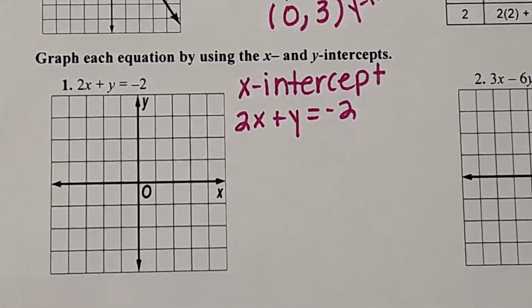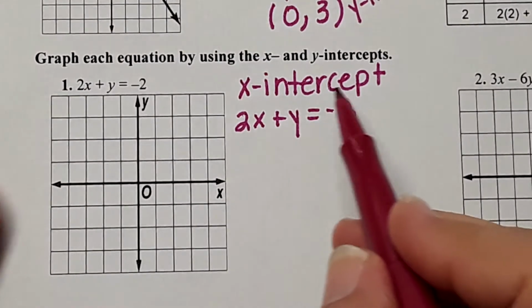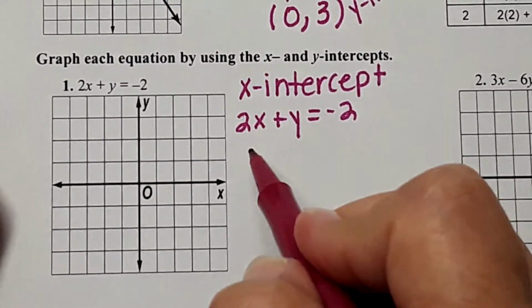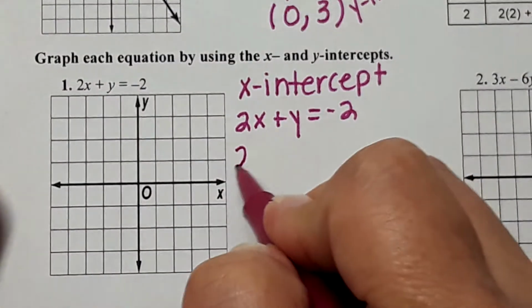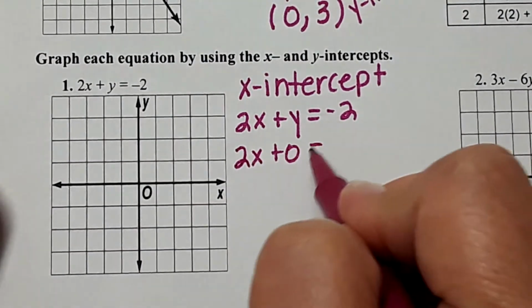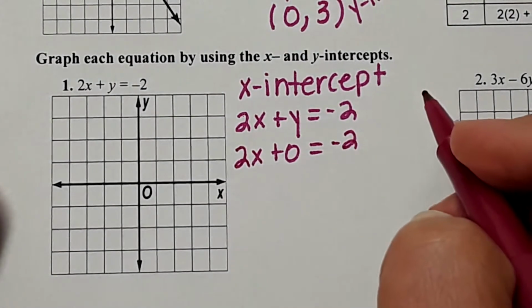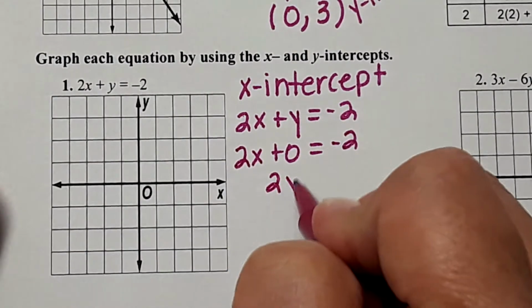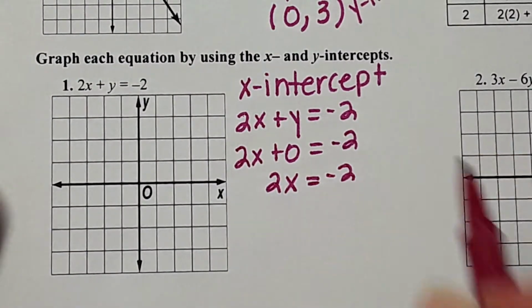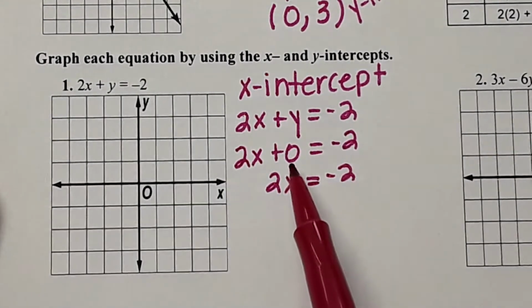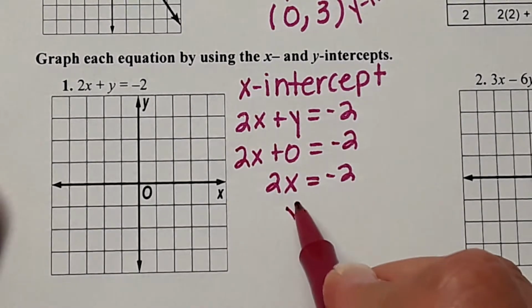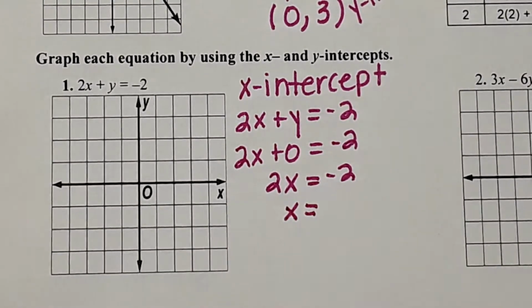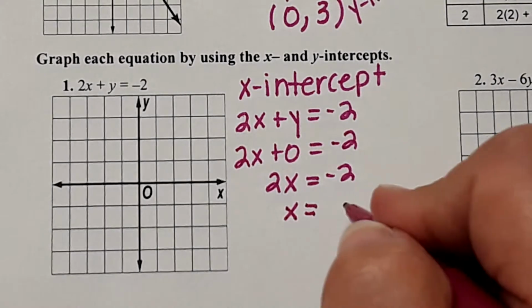Okay, so I just want to finish this problem. To find the x-intercept, I'm going to plug in 0 for y. What is negative 2 divided by 2? It is negative 1.